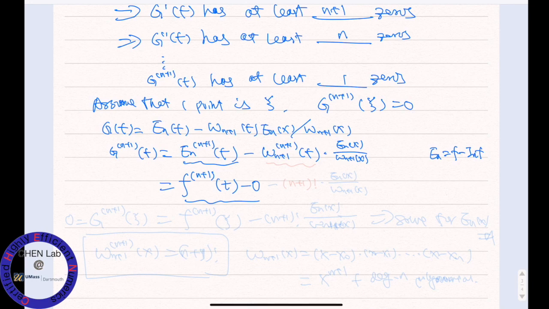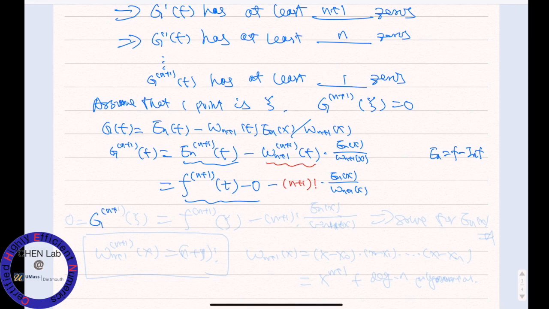Our second term, I'm claiming that's n plus 1 factorial, which I'm going to explain very quickly soon. This is e_n(x) over omega_{n+1}(x). Now, we know this guy at c equals 0.